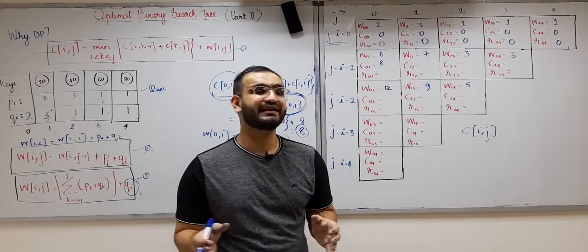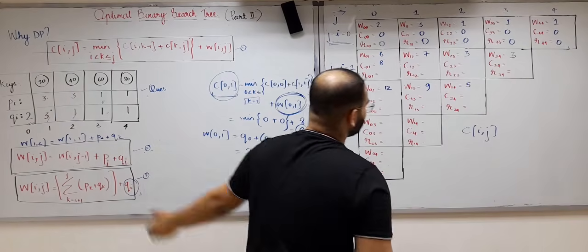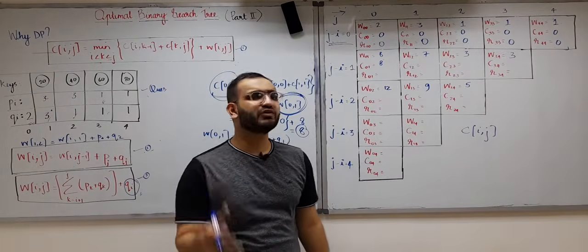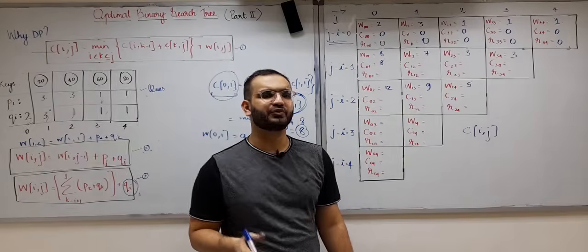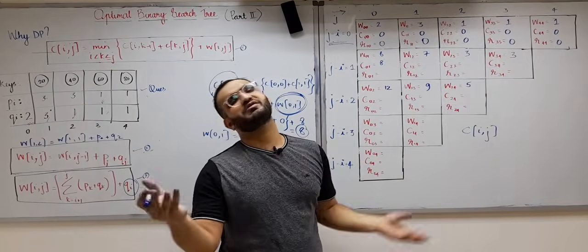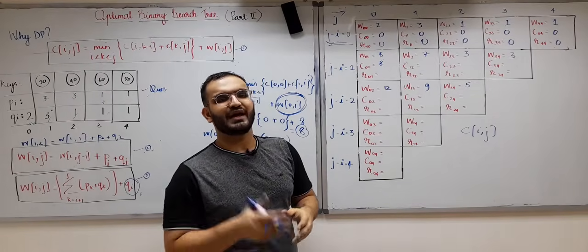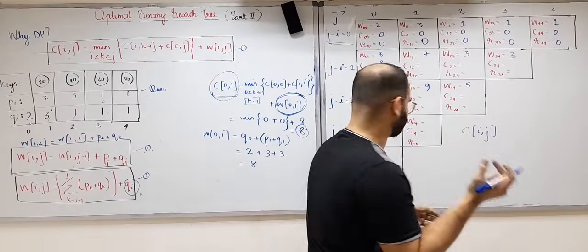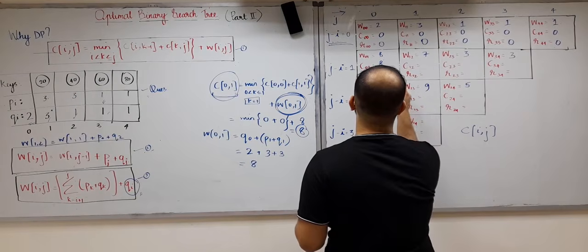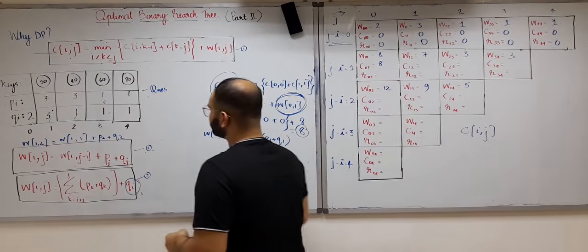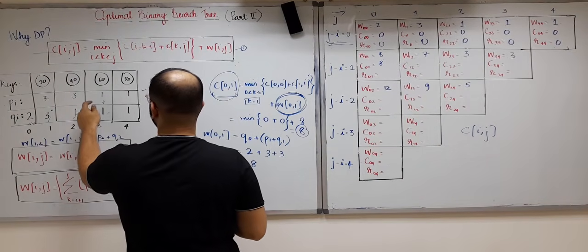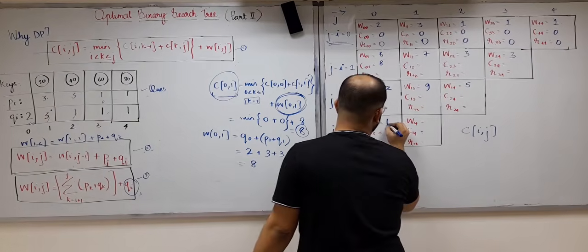But rather than that, why not use the second formula and say that W0 comma 3 is actually equal to W0 comma 2 plus P3 plus Q3, right? Because we already have the value of W0 comma 2 and there will be fewer calculations, right? So W0 comma 3 will be equal to W0 comma 2, that is 12, plus P3 plus Q3, that is 1 plus 1, 2, so that is 14.